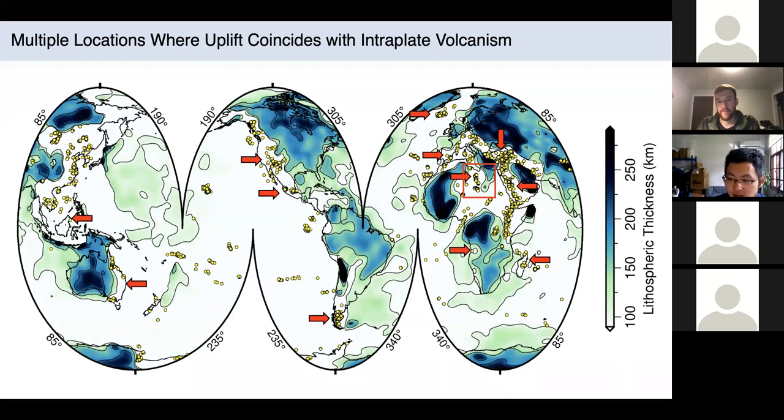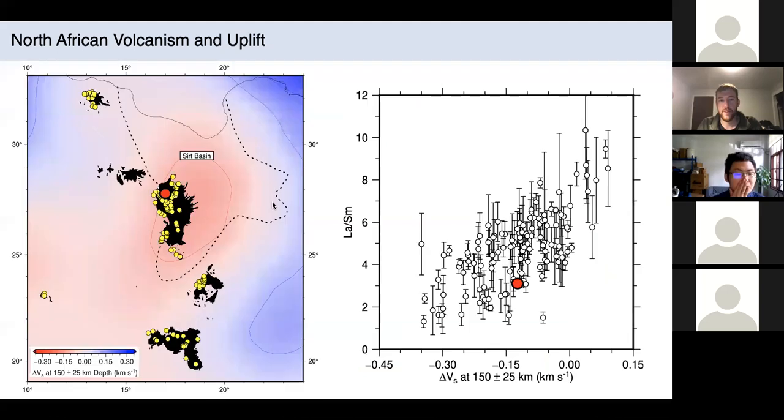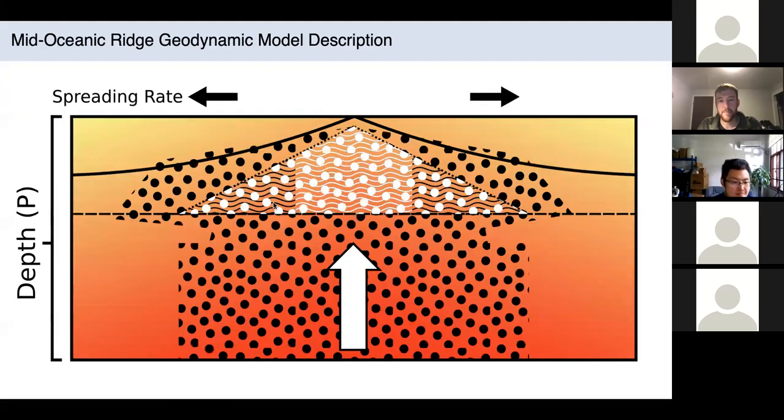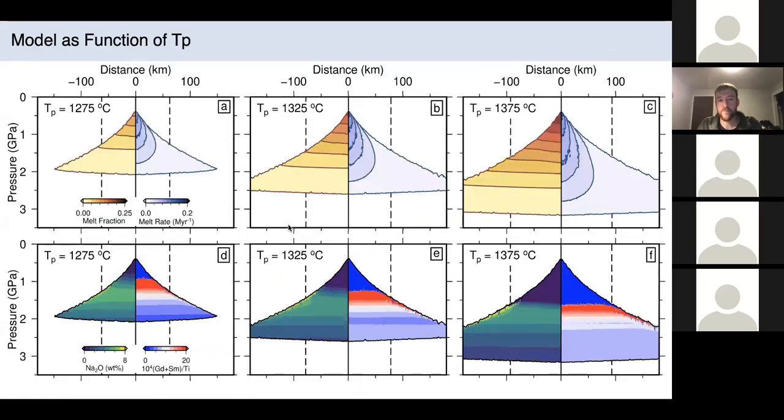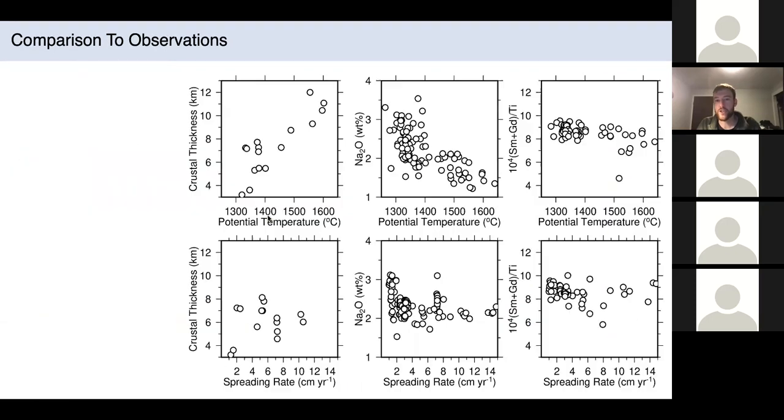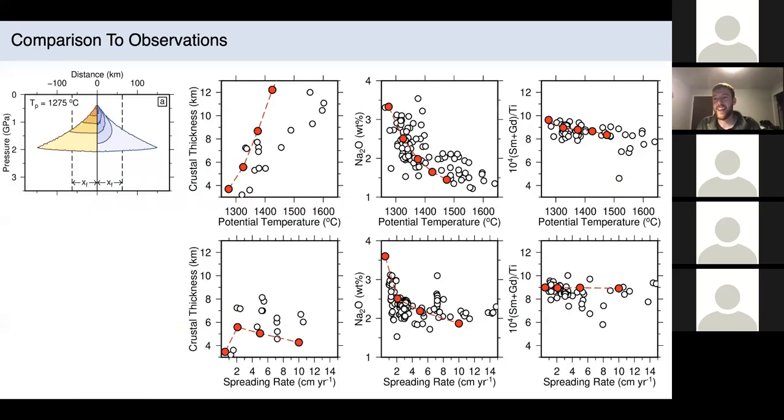Okay, here's another question from Chantal. Is there any other proxy other than the La/Sm ratio in your research that you have used? Yeah, so in the later part of my talk, I was looking at mid-ocean ridges, and at mid-ocean ridges you can't use lanthanum over samarium because melt fractions are too high.